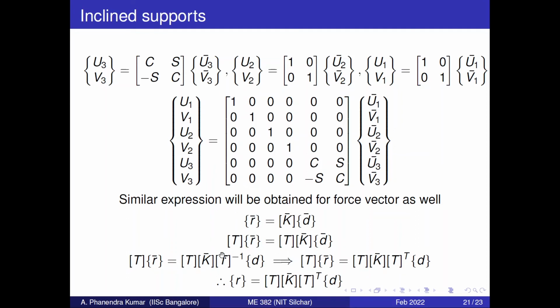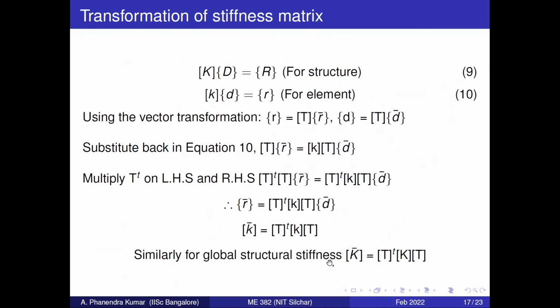If you remember again, T is an orthogonal matrix, so T into T transpose should be equal to I. Based on that, we can replace T inverse with T transpose. So T times R bar will be equal to T K bar T transpose D. What is T times R bar? T times R bar is R.